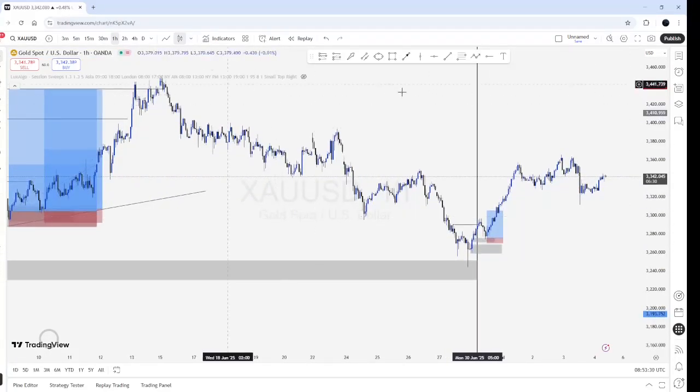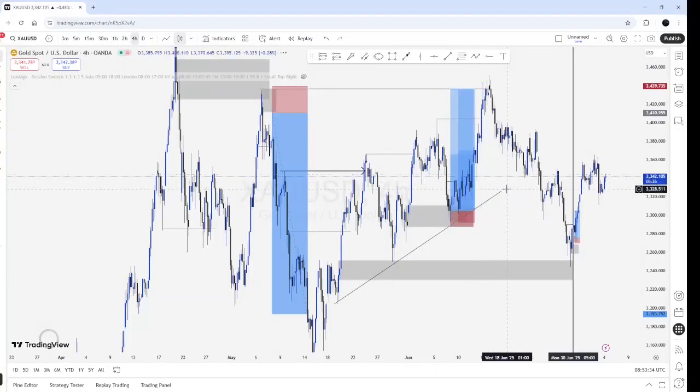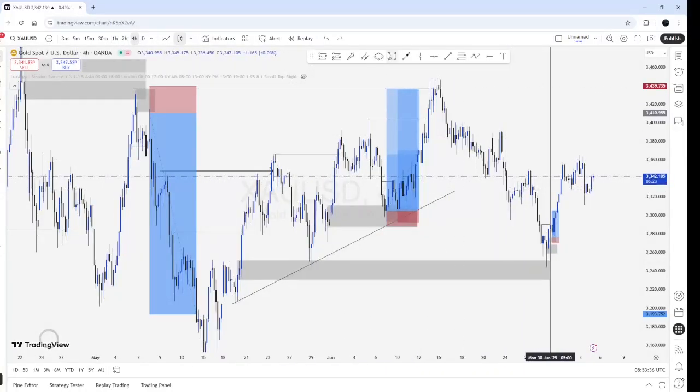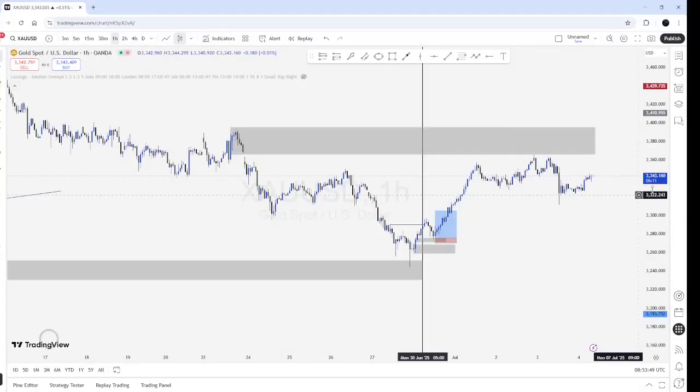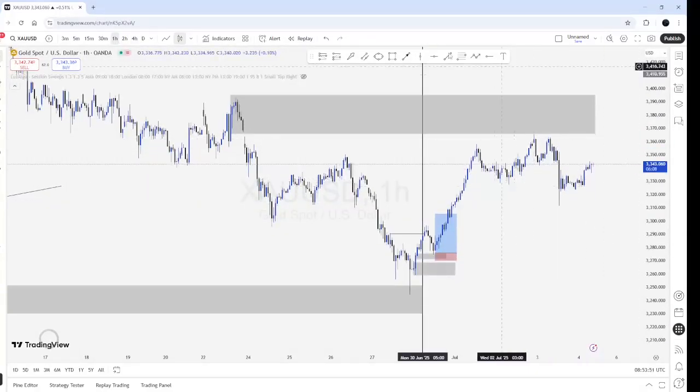So for instance, here we have a current market. We have this zone, price coming back to touch this zone. Price has touched this zone. You go to the smaller time frame. You have a break of structure here.